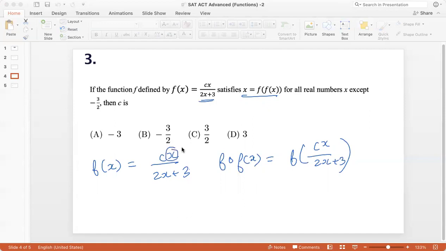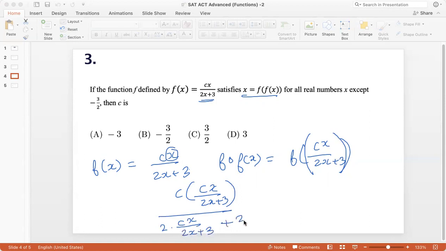Wherever I have x, I would put this expression. So that would become c times cx/(2x+3) divided by 2 times cx/(2x+3) and another plus 3. So this is f∘f(x) or f(f(x)), right?